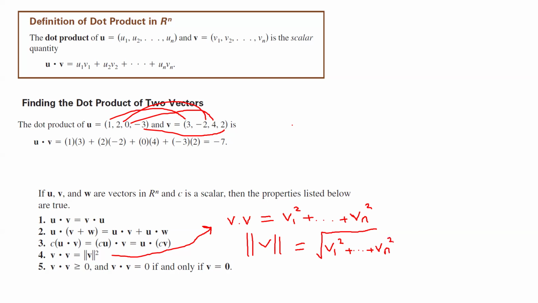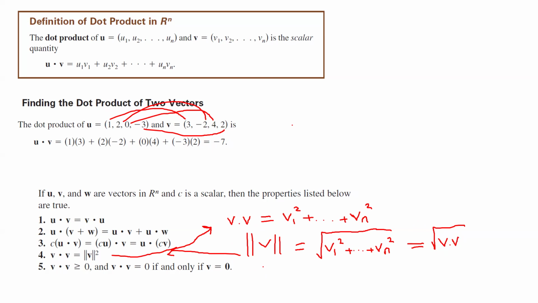But what is this inside the square root? I have v dot product v. So this is basically the square root of v dot v. The magnitude of v is equal to the square root of v dot product with v. So if I raise these to the second power, I get this back.